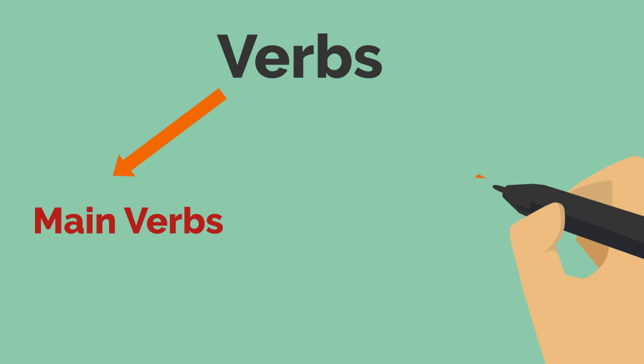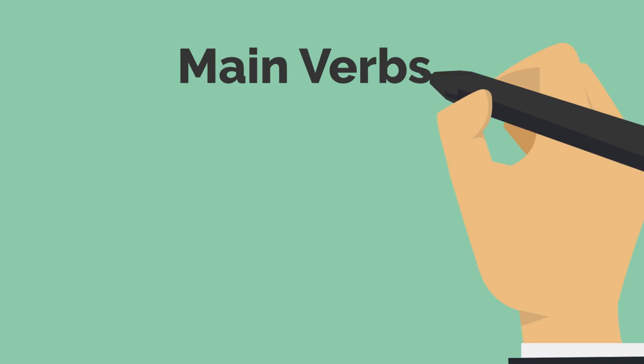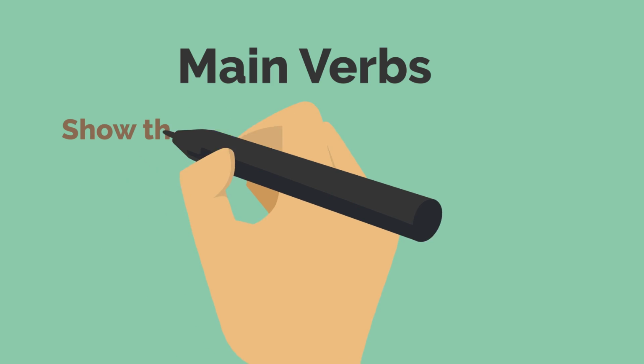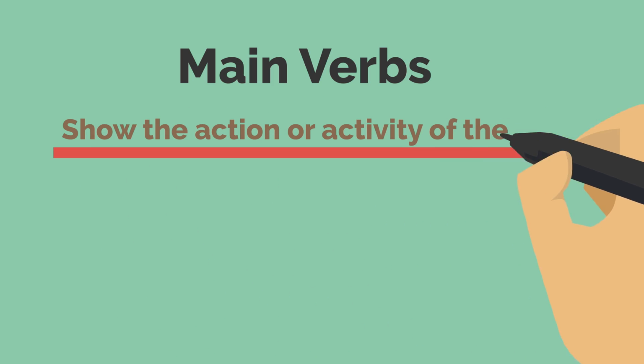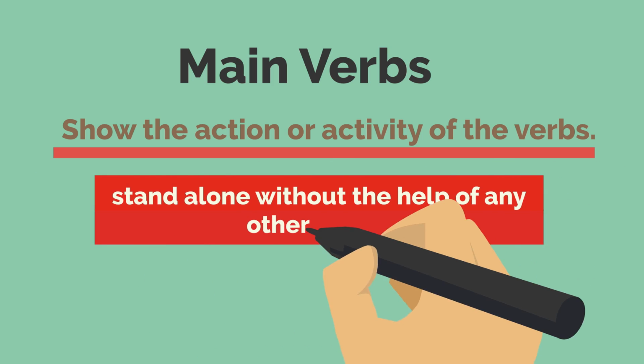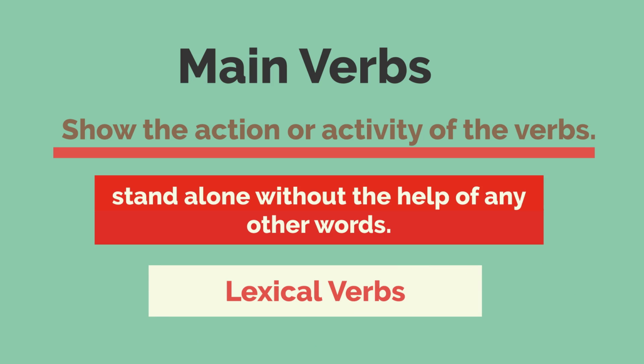Verbs are mainly divided into two types: main verbs and auxiliary verbs, or helping verbs. First look at the main verbs. Main verbs are those words that actually show the action or activity of the verbs. They can stand alone without the help of any other words. They are also called lexical verbs.